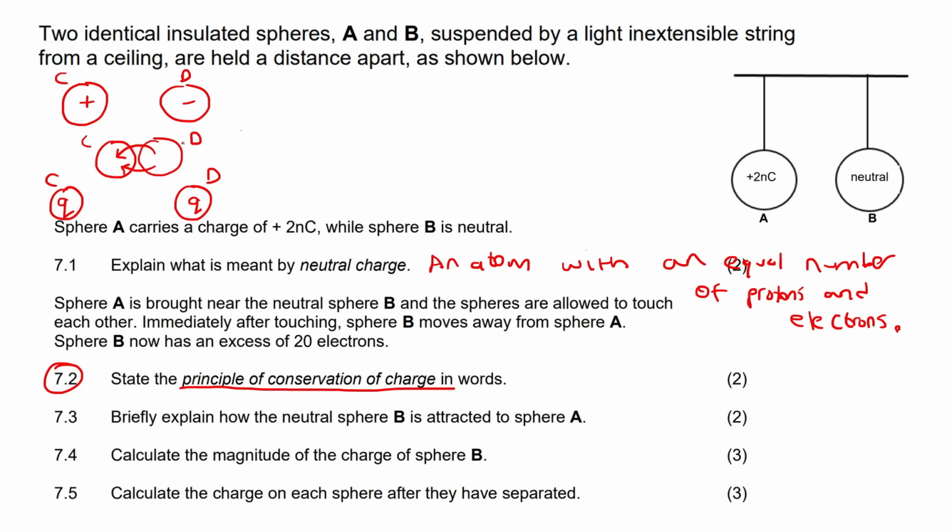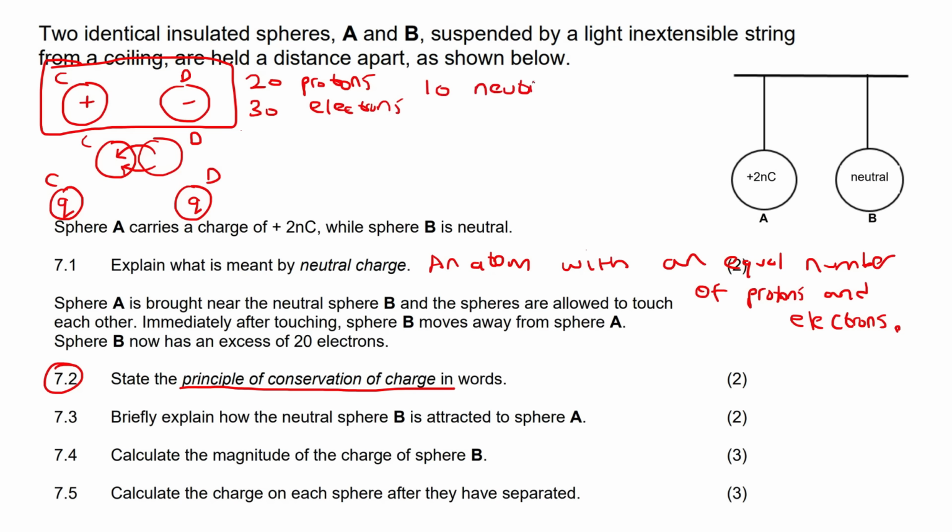If you had to draw a big box around this over here, let's say that there were, for example, 20 protons and 30 electrons and 10 neutrons.